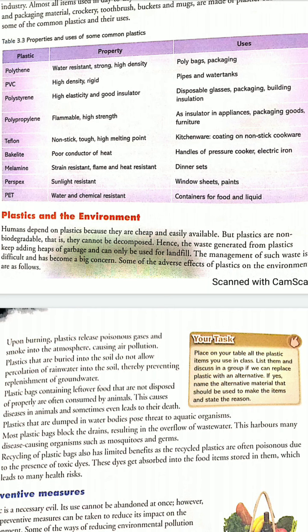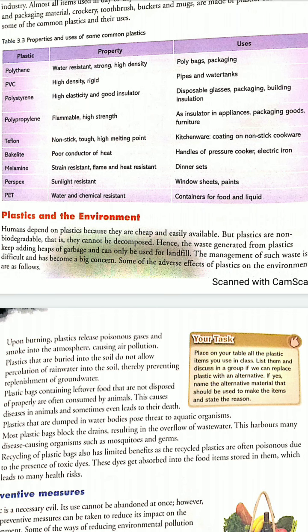If we see polythene, polythene is water resistant, strong and having high density. They are used for making polybags and packaging. Then come to PVC, polyvinyl chloride, having high density and rigid, used for making pipes and water tanks. Then polystyrene. Polystyrene is very elastic in nature, a good insulator.